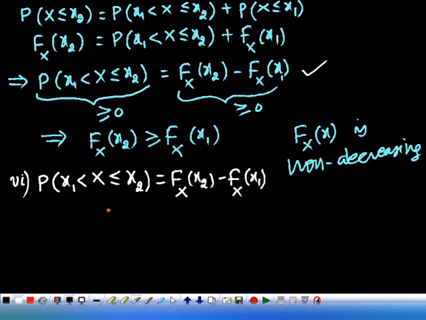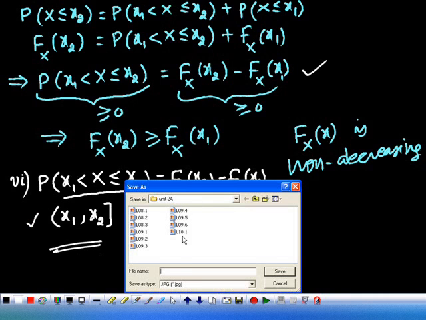What this indicates is, if you know the CDF of a random variable, we can find the probability of the random variable x lying in between x1 and x2, including x2, excluding x1. That is, this interval can be written as open on one side and closed on the other side. This event can be indicated like this. Okay. So these are some important properties of a cumulative distribution function.